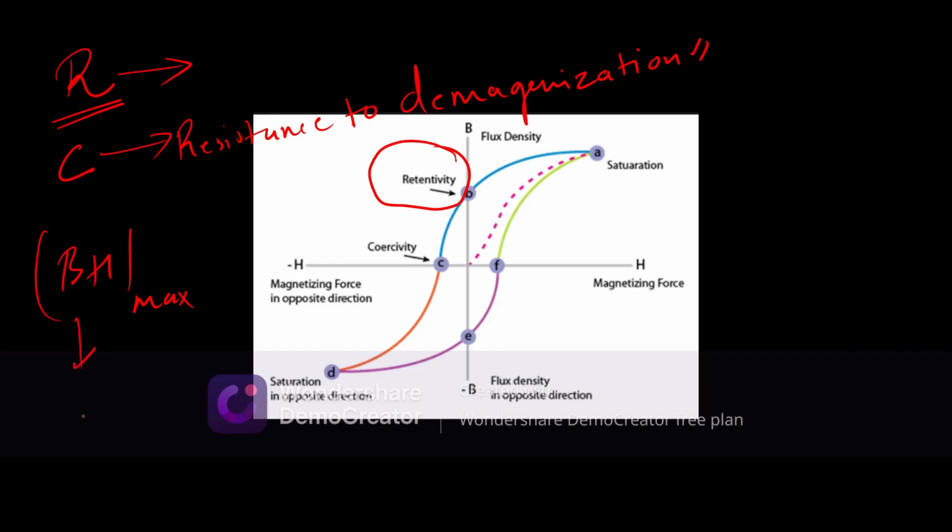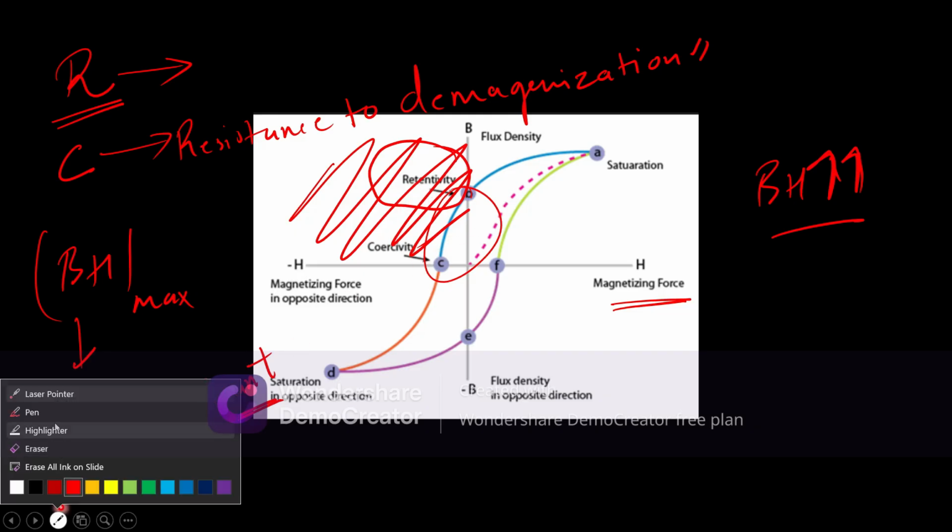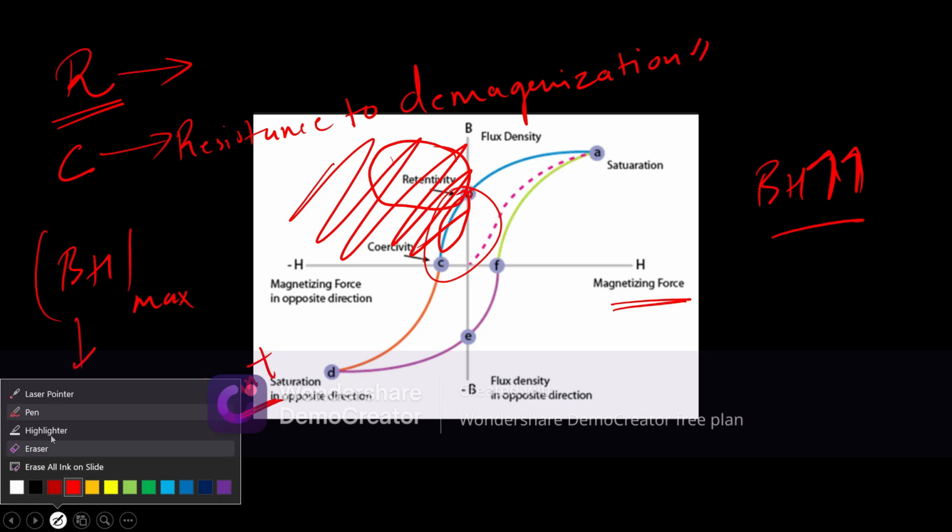And BH max, as I told you, is measured in the second quadrant after the removal of the external magnetic field, H. The higher the BH max, or the sharper the curve, if this complete region, this blue line, is sharp, then the magnet is very strong.